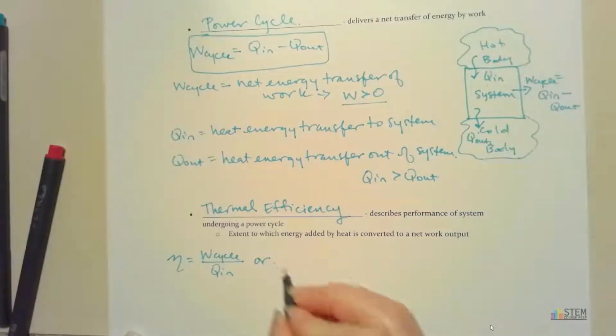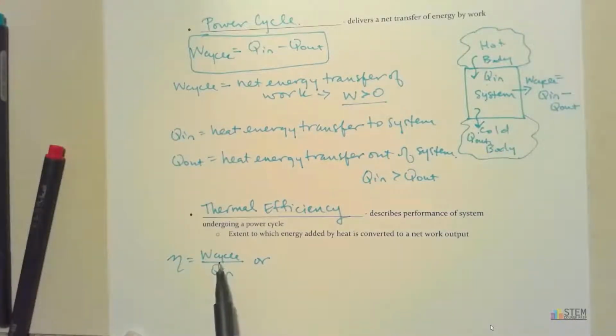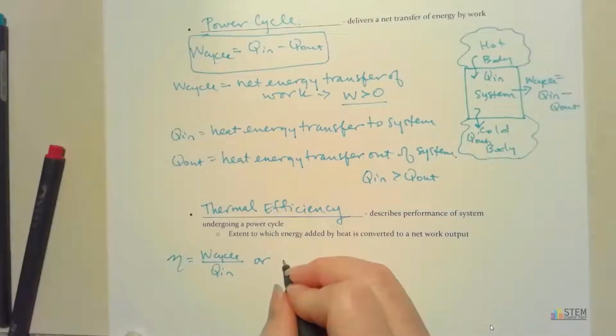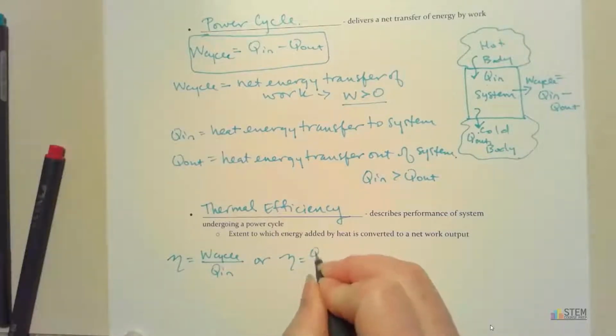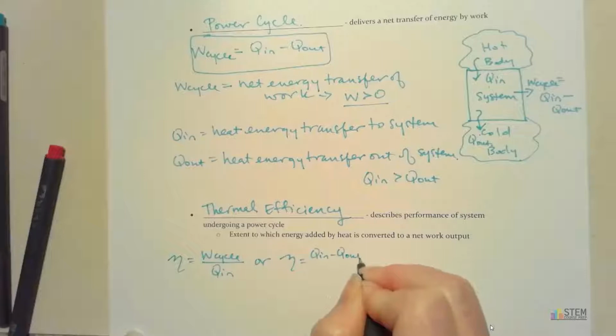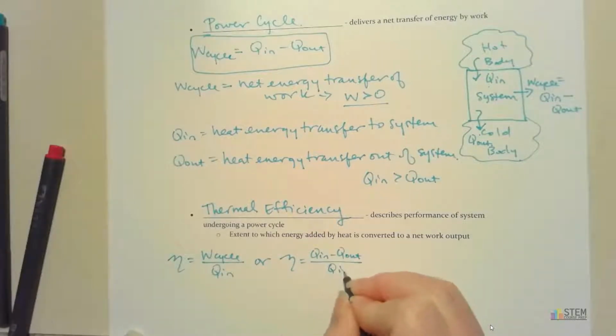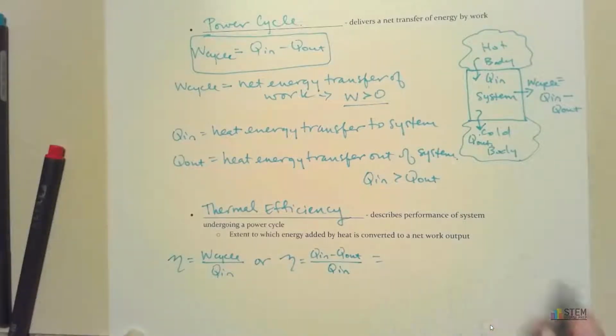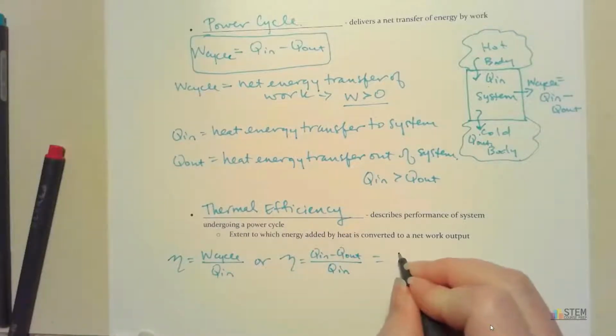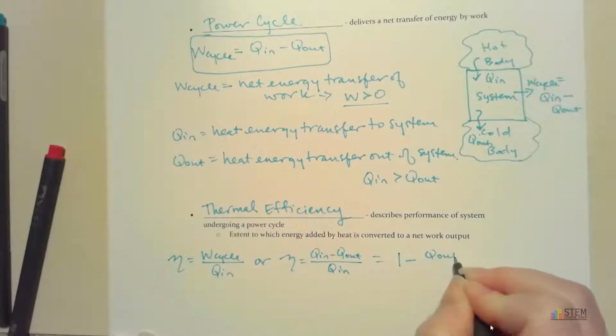Another way of writing that, since work of the cycle is Q in minus Q out, we could say that eta is Q in minus Q out over Q in, which, if you notice, you've got Q in over Q in. So you can make that equal 1 minus Q out over Q in.